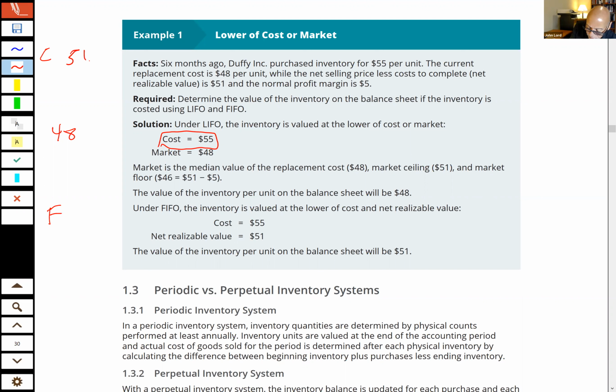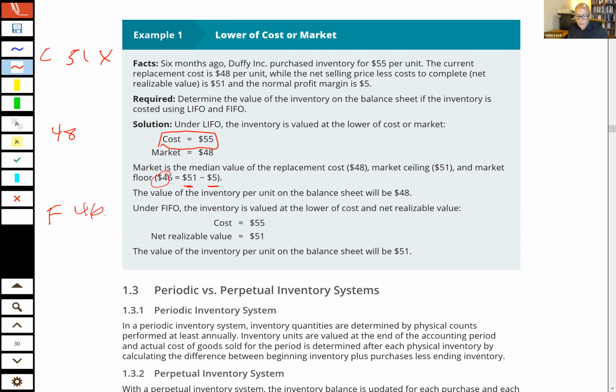Well, that's the ceiling. I'm not over the ceiling, so I can forget that. I'm not going to use 51. The normal profit margin is 5, so I take the 51 ceiling, subtract the normal profit of 5, and that gives me a floor of 46.